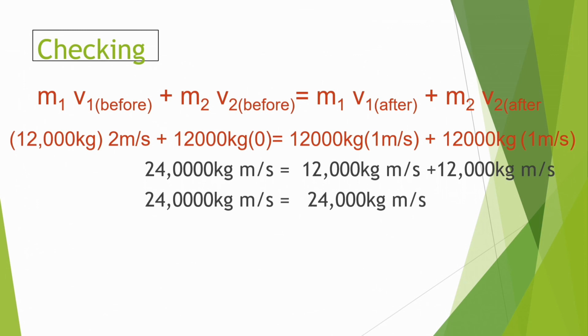So now we have 24,000 kilogram meters per second, the total momentum of the two cars after collision.